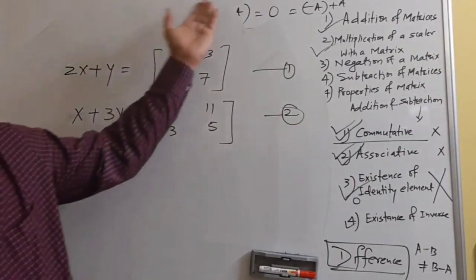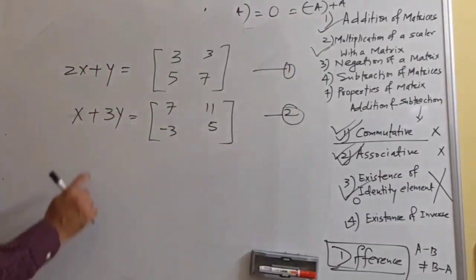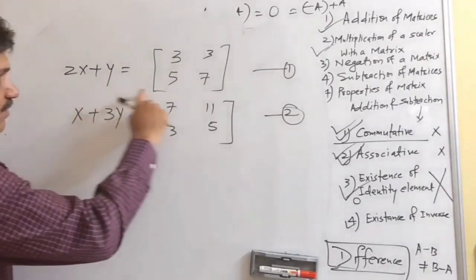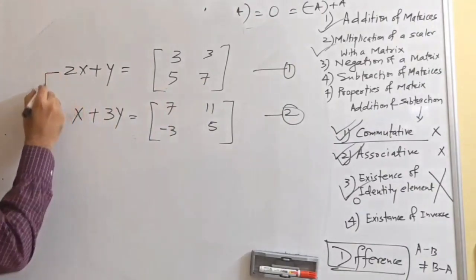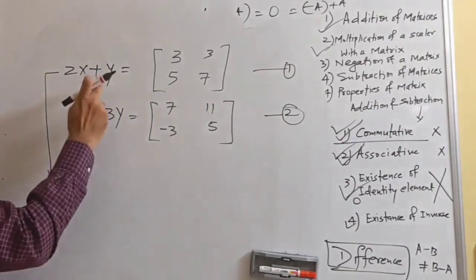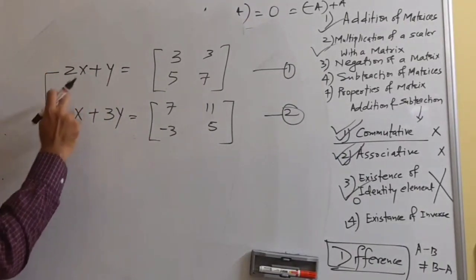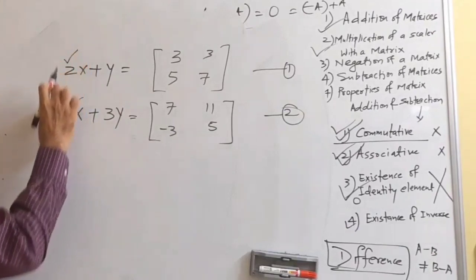So, operations on matrix, using simple algebra, we need to find the value of Y. So what we do, we multiply each and every element of this matrix by, if I need to find the value of Y, then I will make the coefficient of X same. So this is 2X, here I will multiply this matrix by 2.